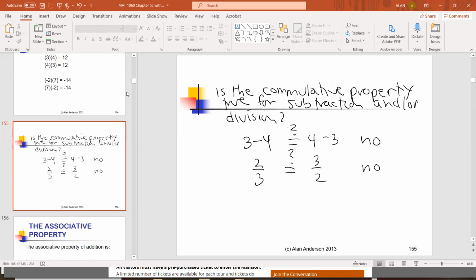And the answer is no in both cases. So the commutative property only applies to addition and multiplication. With division and subtraction, the order of the operations does matter. And again, this is something you knew intuitively. You just might have forgotten that it's called the commutative property.